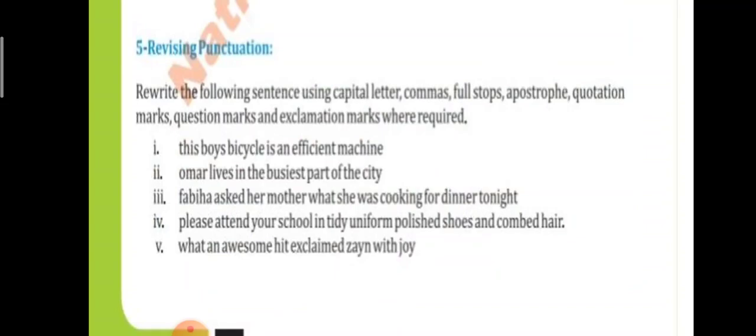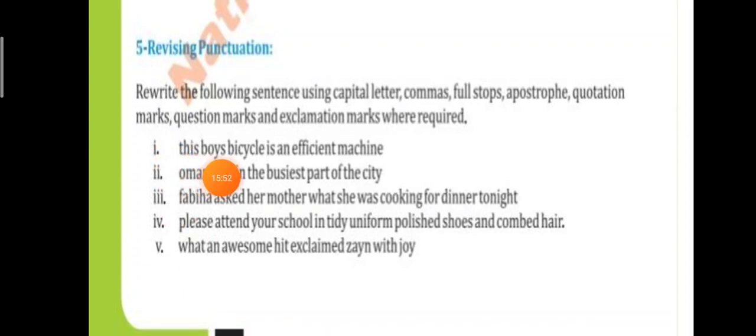Okay, and then punctuation is given. So here you have to rewrite the following sentence using capital letters, commas, full stops, apostrophe, quotation marks, question marks and exclamation marks where required. तो आपने ये सारे punctuation marks use करने हैं. I will tell you how. Capital letters mean the starting letters should be capitalized.